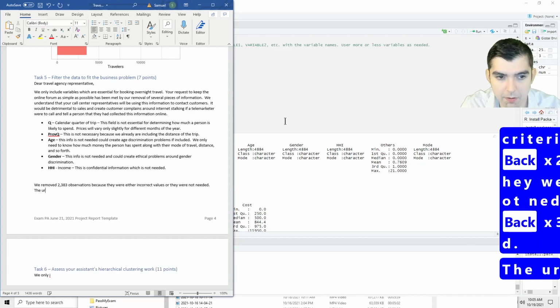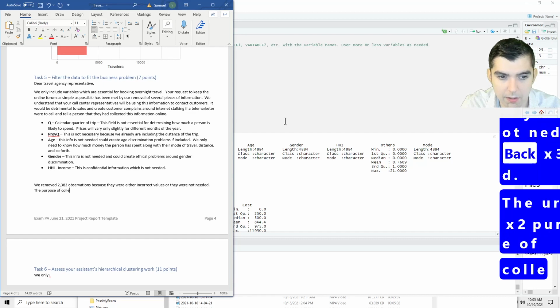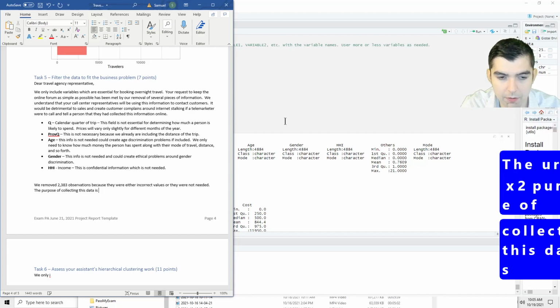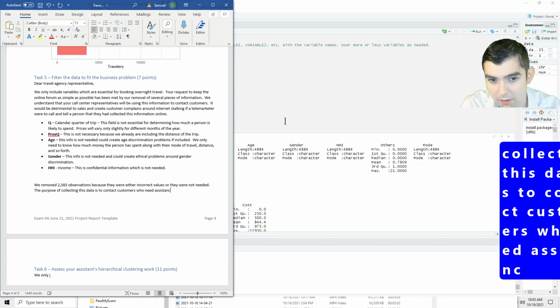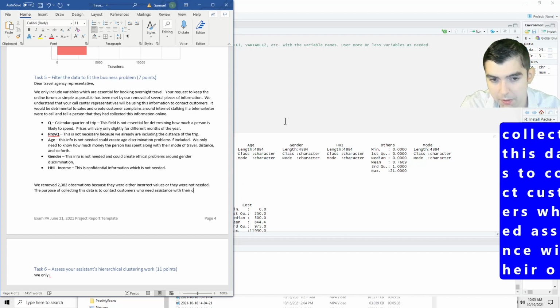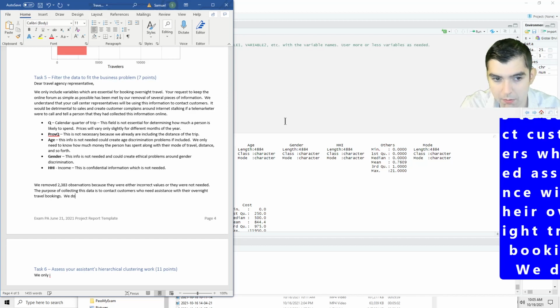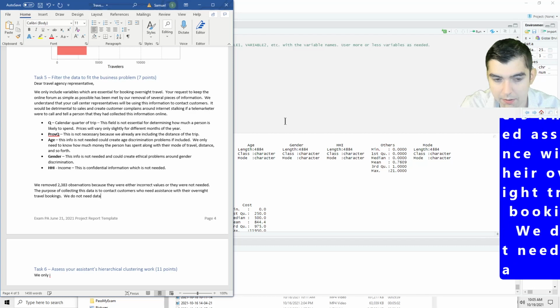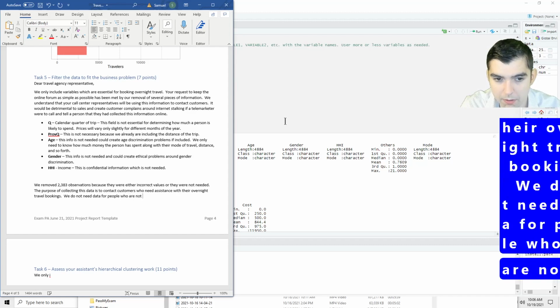The purpose of collecting this data is to contact customers who need assistance with their overnight travel bookings. We do not need data for people who are not buyers.